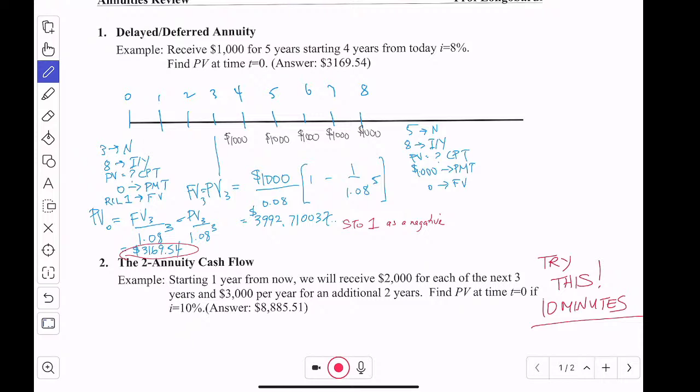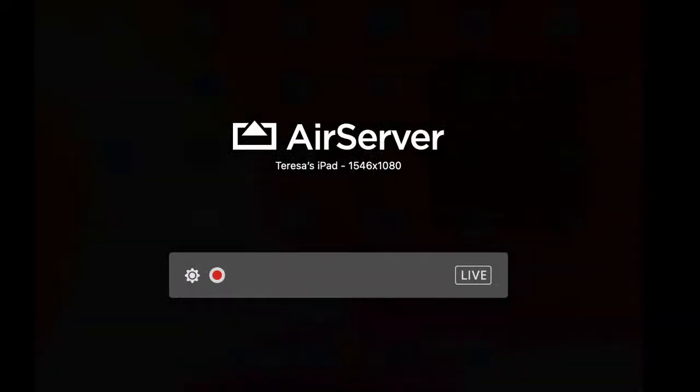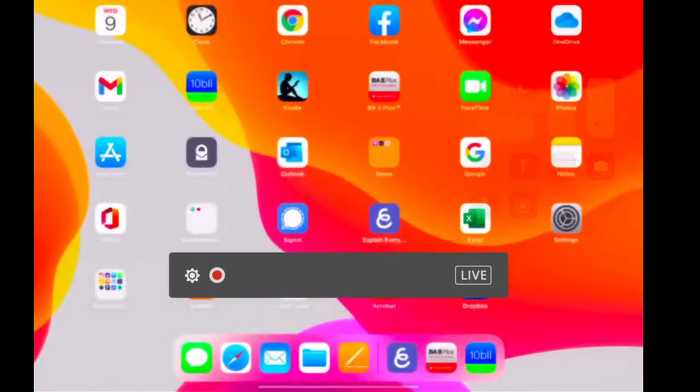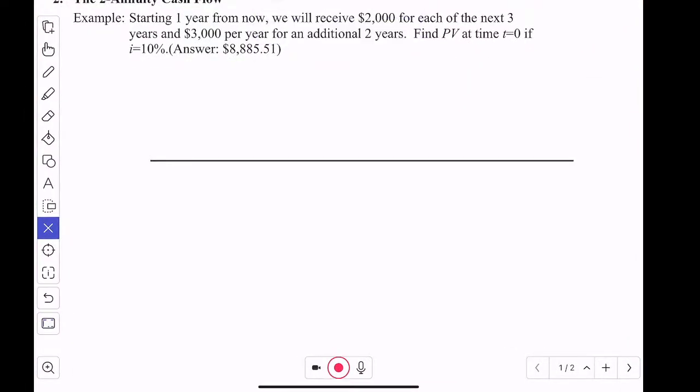Hold on. I have to reconnect. Okay, let me reconnect this thing. Connection broke with my iPad, because I guess it idled too long. I'm back here.